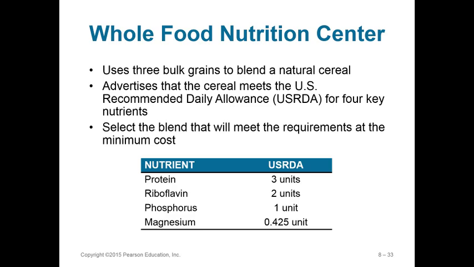Not Whole Foods, but Whole Food Nutrition Center, where they want a natural cereal, and it's got to have some blend of grains going into this, and then there are certain nutrients that they also want you to have within that cereal: protein, riboflavin, phosphorus, and magnesium, and at least so much within any one 2-ounce serving.